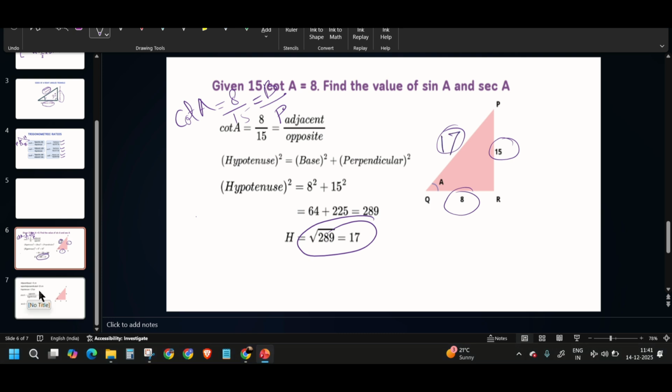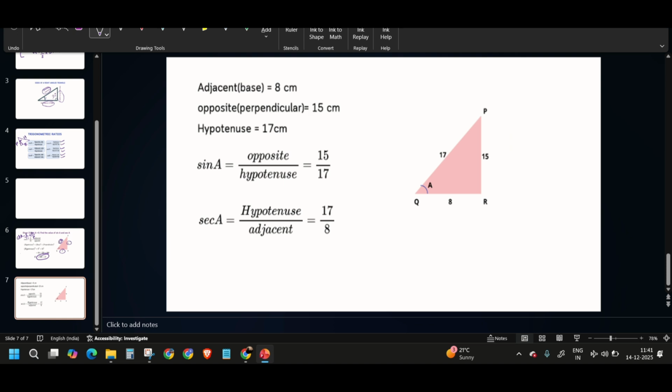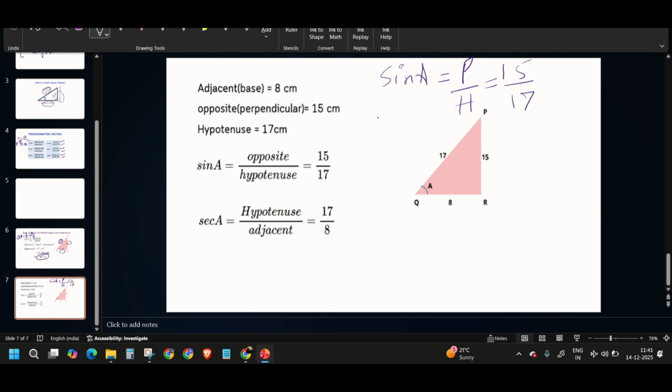After that, we are going to apply this to find sin A and sec A. What is the equation of sin A? Sin A is equal to opposite upon hypotenuse, that is perpendicular upon hypotenuse. Perpendicular is 15 and hypotenuse is 17. Likewise, what is sec A? Sec A is hypotenuse upon adjacent side.